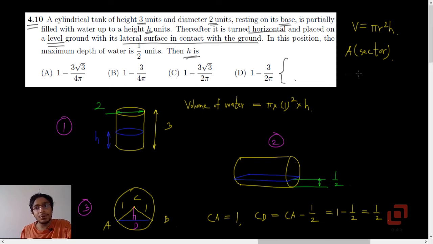Okay, so if you know that area of sector is 1/2 r squared theta, where r is the radius of the circular sector and theta is the central angle in radians, I think you can easily solve the problem. And of course, that water is incompressible. Okay, so that the volume is constant.